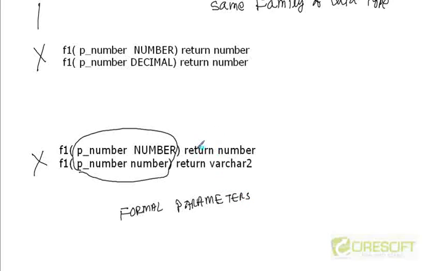That means you cannot just say that in one case it is returning a number, in another case returning a varchar, so therefore this is not okay either. So this is how we can use function or subprogram overloading.